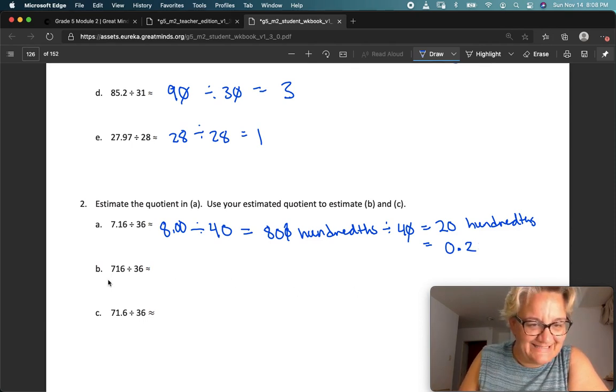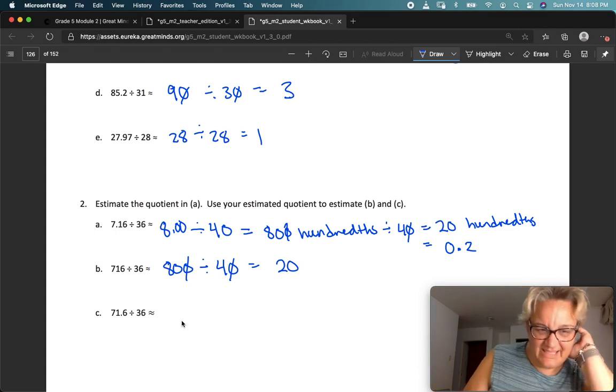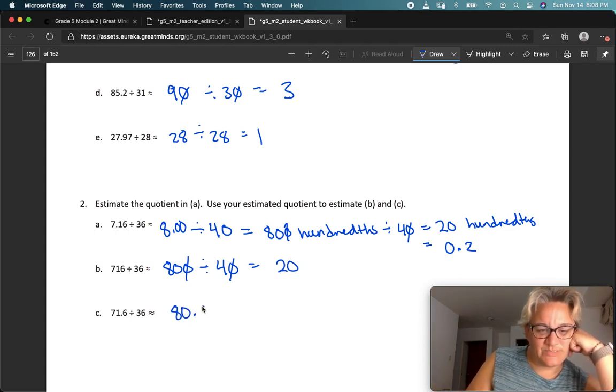Okay, now I've got this, and I'm going to use the same estimates, but this time I'm going to put the decimal in a different place because there's no decimal here. Take this 0 and this 0, and 4 goes into 80 how many times? 20. And here, I've got 80.0 divided by 40.